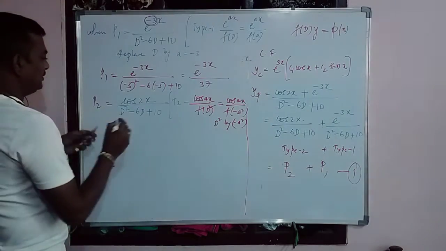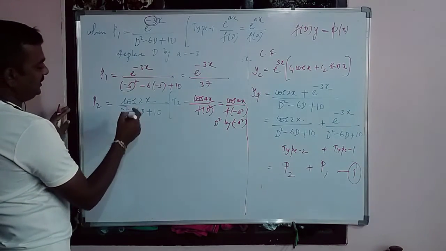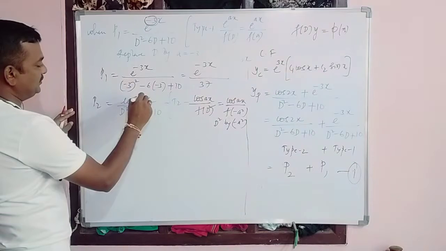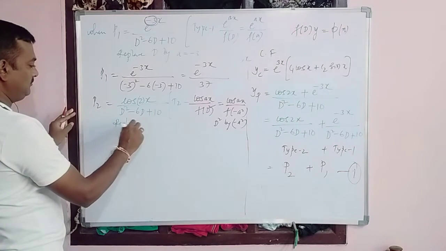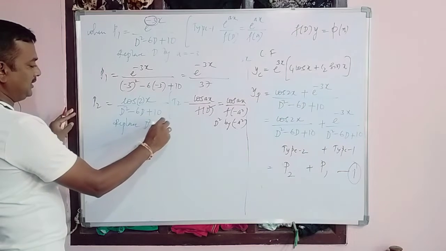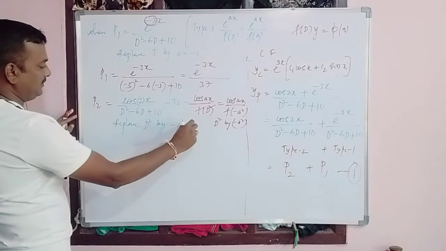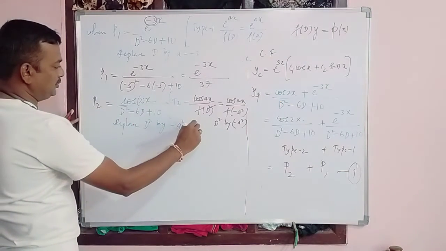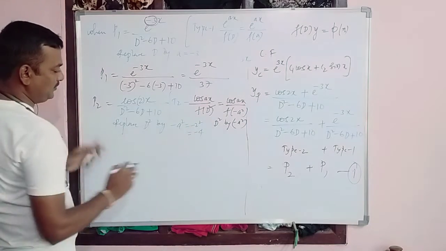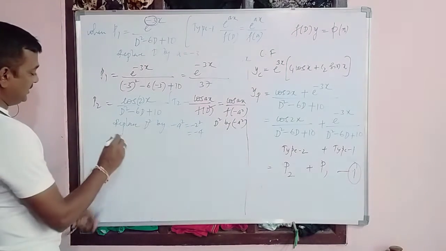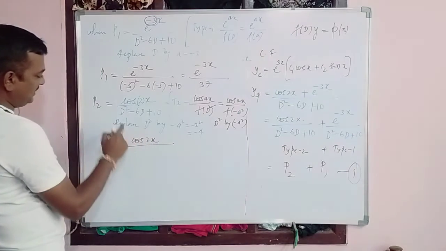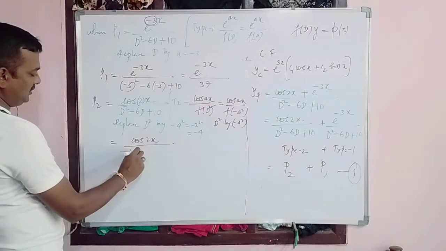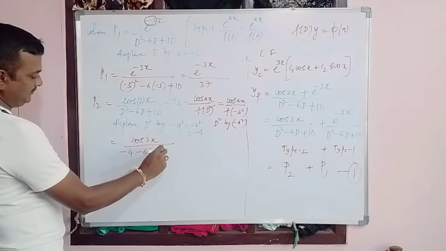Now here also, what is the value of a? A is 2. So replace D square by minus a square, which is minus 2 square, that is minus 4. Replace it and observe what happens. Cos 2x divided by minus 4 minus 6D plus 10.